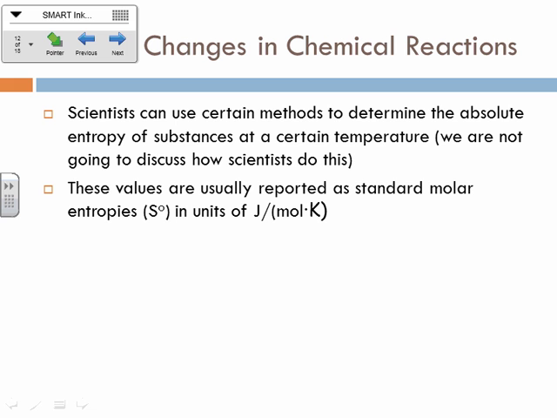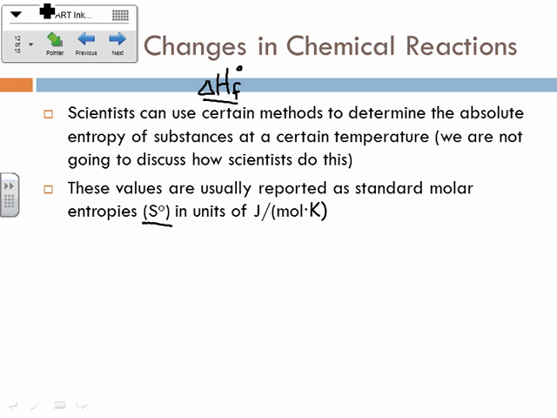So usually these values are reported as standard molar entropies, okay, which is S degrees. You guys remember seeing that, the heat of formation of certain things, okay? So this is very similar to that idea, in that you're just given some values, and then when you have an equation, you can subtract the reactants from the products.